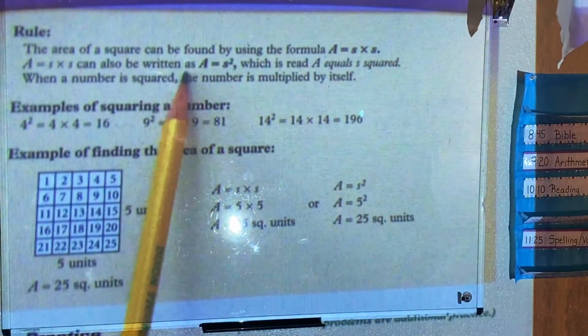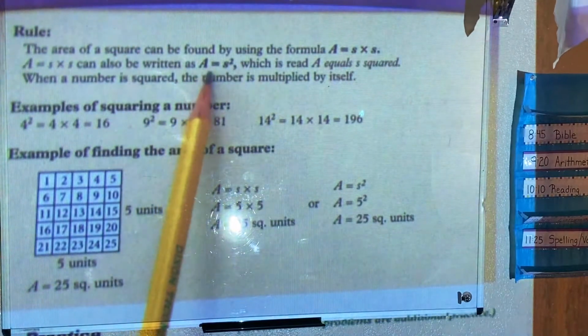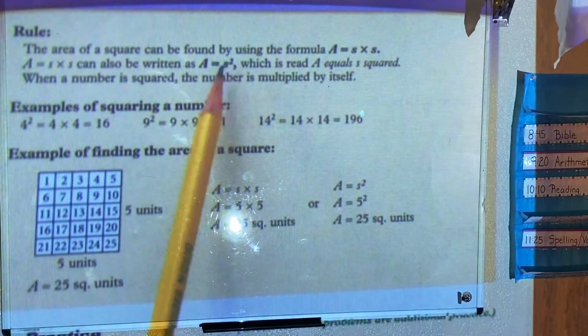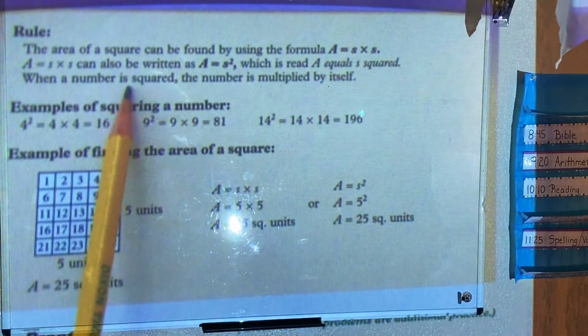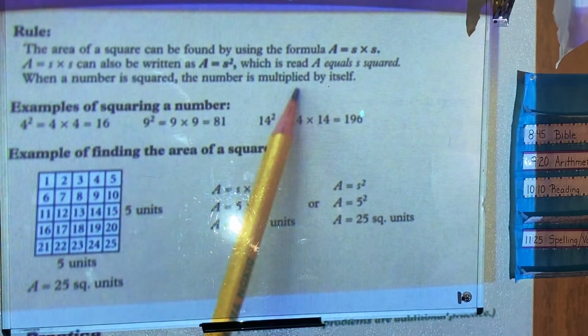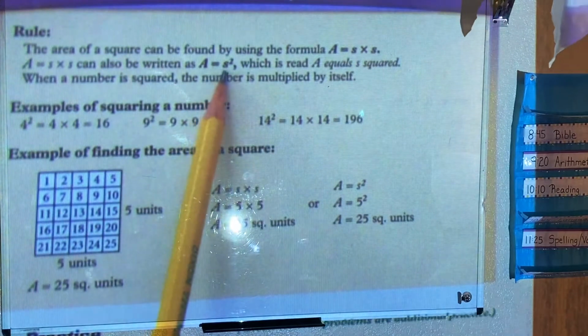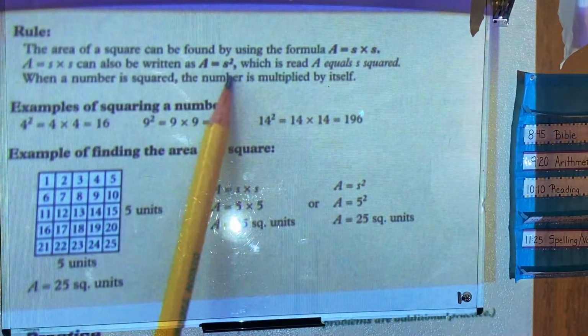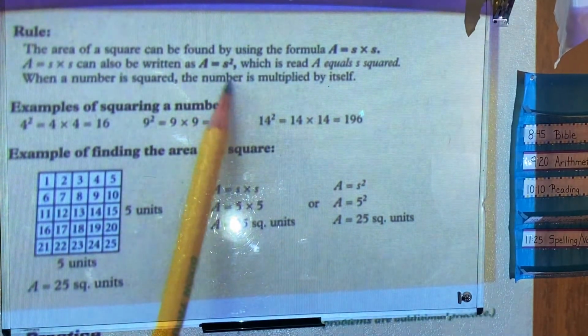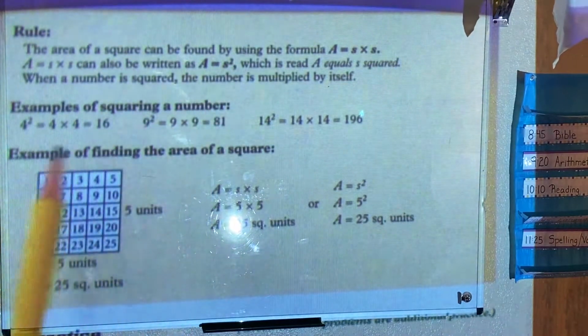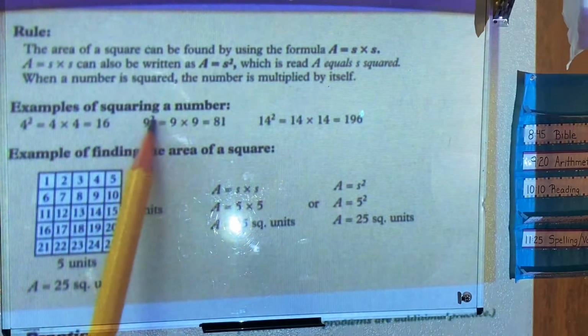It can also be written as A equals S squared. When a number is squared, the number is multiplied by itself. So if the side is 2, I will multiply 2 times 2. Examples of squaring a number.